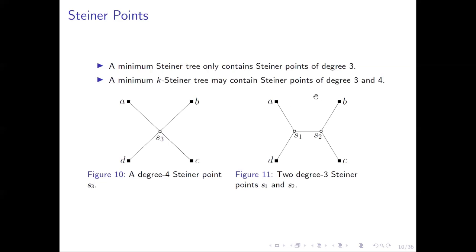And the reason why you only get degree 3 Steiner points in the unrestricted problem is because whenever you have a degree 4 Steiner point, you can always introduce another Steiner point to further reduce the length of the network. But if you have a restriction on the number of Steiner points, you might not be able to do this. So you could potentially get degree 4 Steiner points as well.